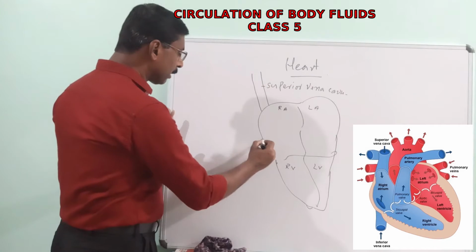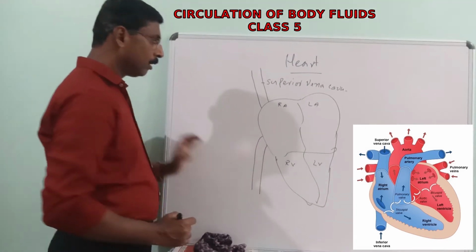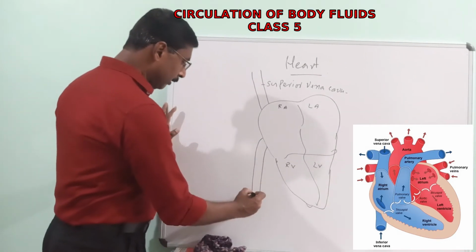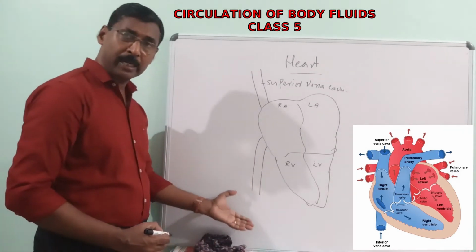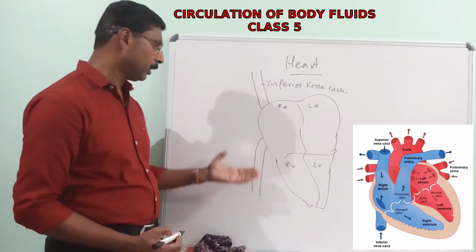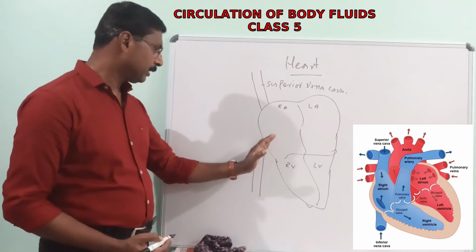Another similar type of vessel also opens into the right atrium, collecting impure, deoxygenated blood from the lower parts of the body and filling it into the right atrium.